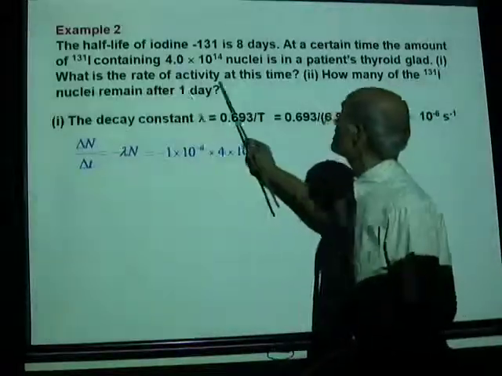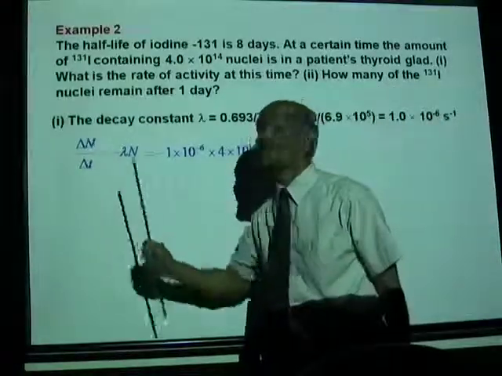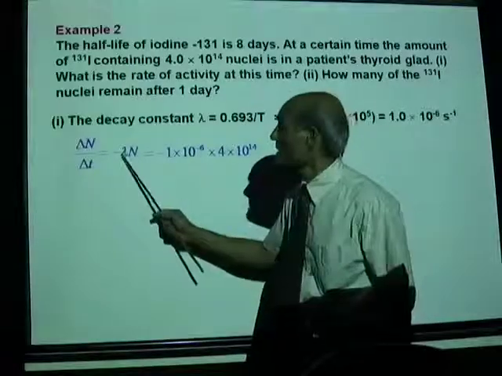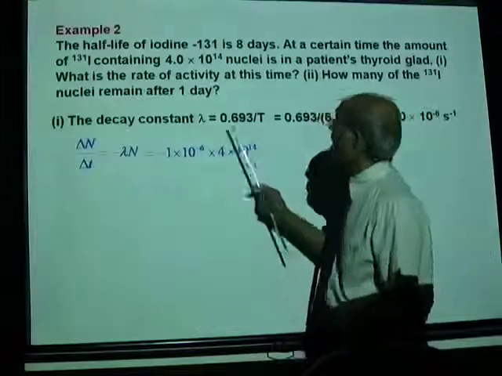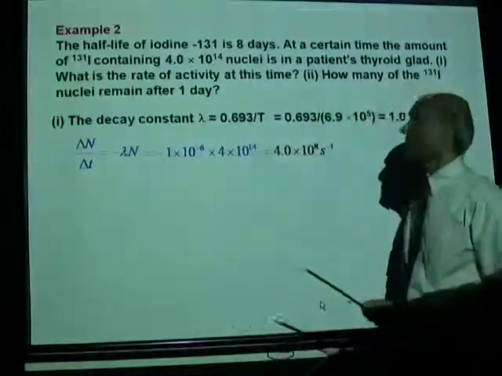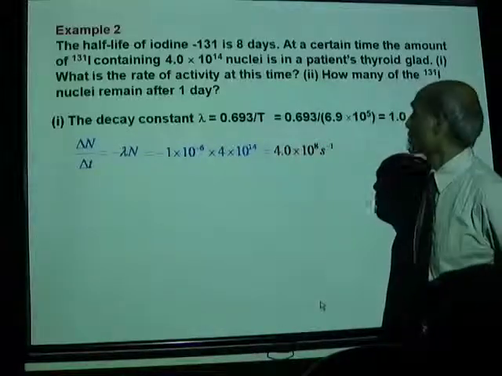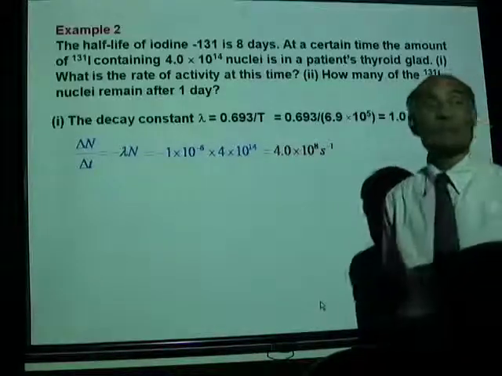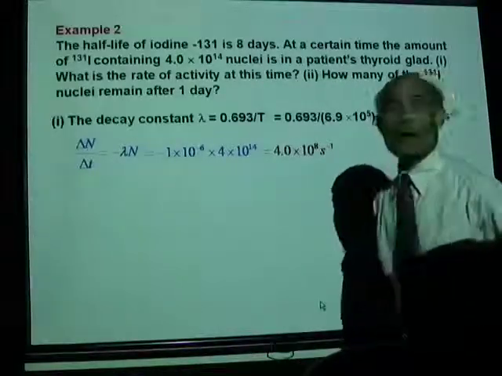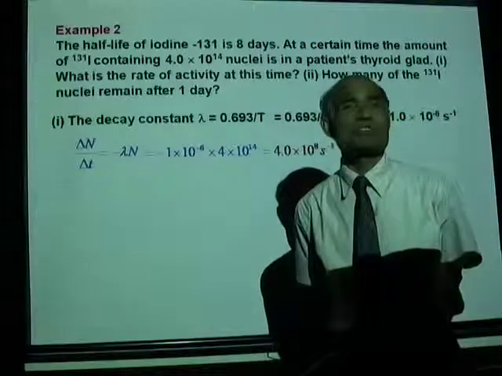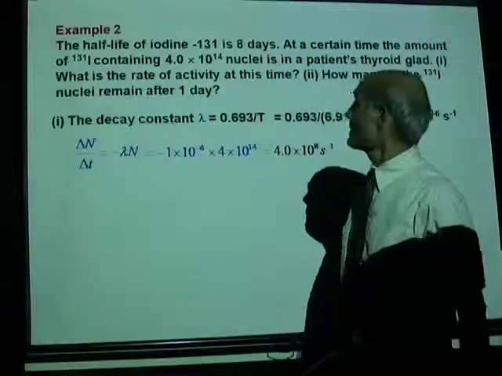We need to find the rate of decay at this time. So the rate of decay is delta n by delta t is negative lambda n. We have found lambda, we have the n there, and therefore at that particular instant the rate of decay is 4 times 10 to the 8 per second. There are 400 million disintegrations taking place in 1 second at that time.